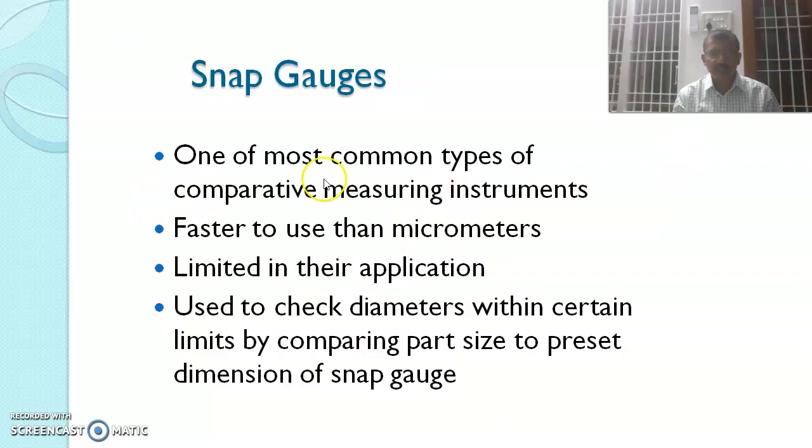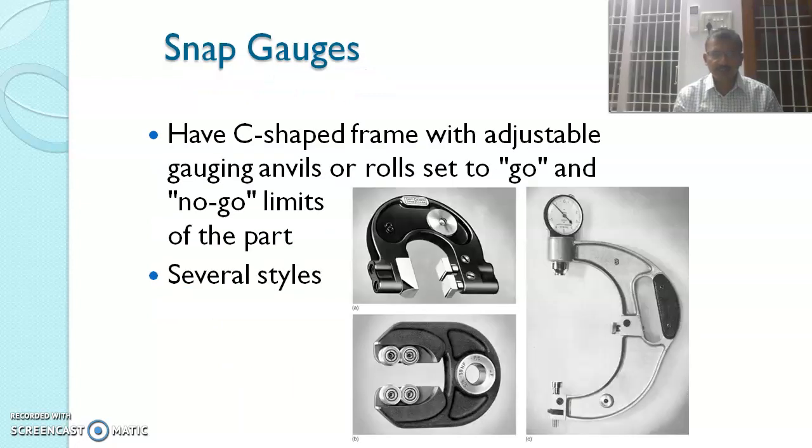Then snap gauges, one of the most common types of comparative measuring instruments, much faster to use than micrometers. They are used to check diameters within certain limits by comparing part size to the preset dimensions of a snap gauge. They have a C-shaped frame with adjustable gauging anvils or rolls to set the go and no go limits of the part.